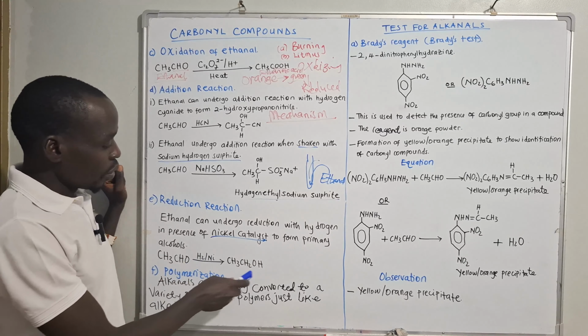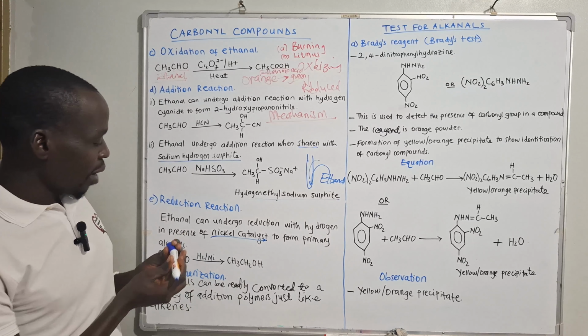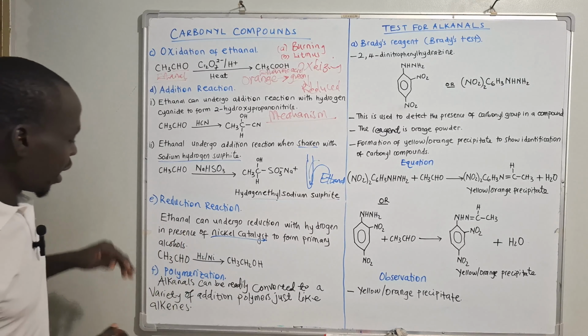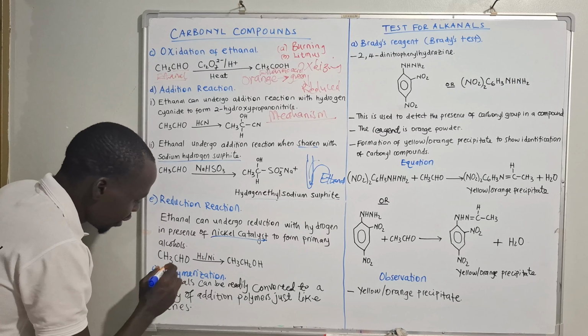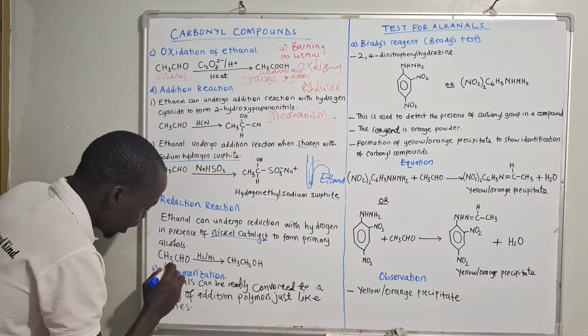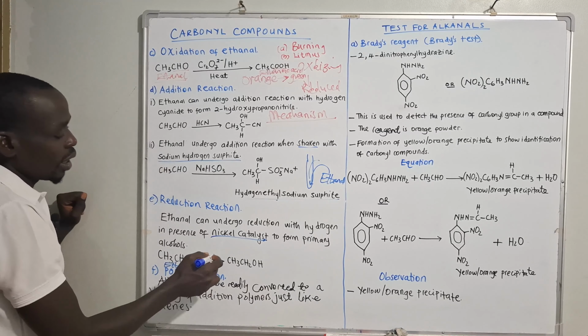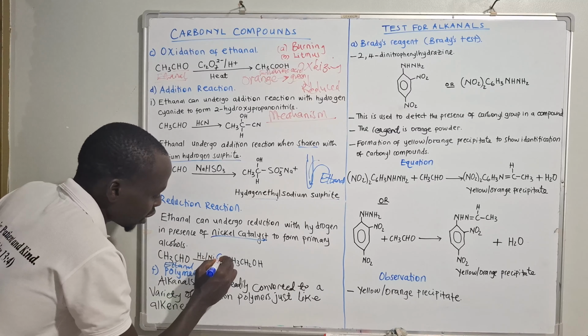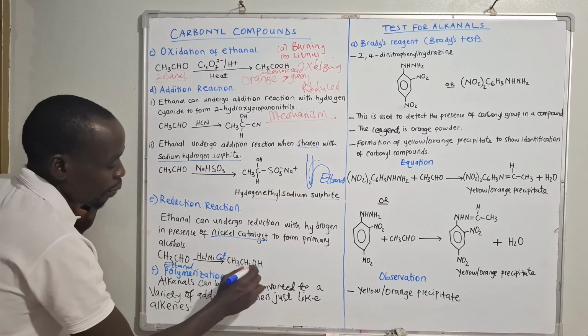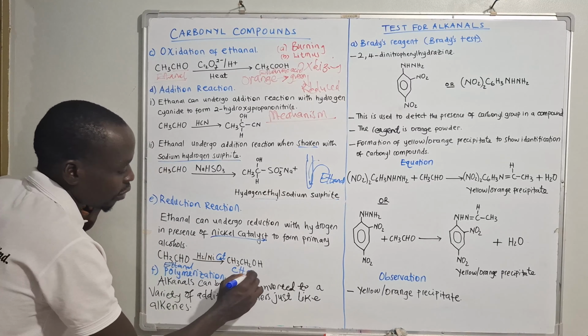And we shall be in a position to form what we call the primary alcohol. So if I get my ethanal in the presence of nickel catalyst, we shall be in a position to form ethanol.